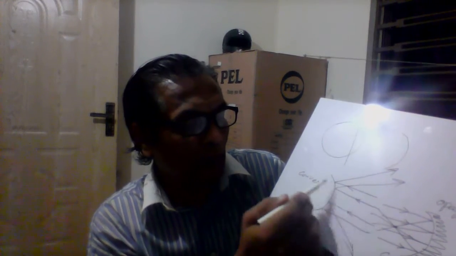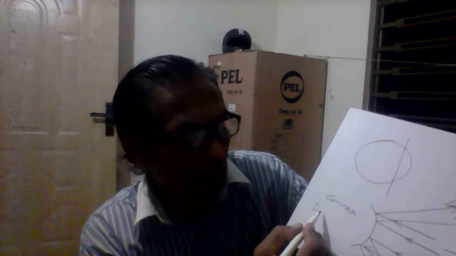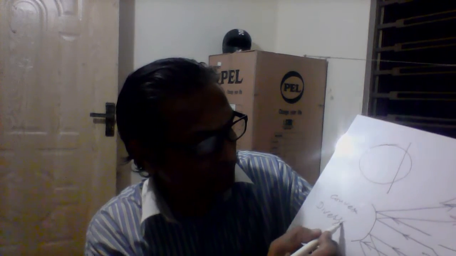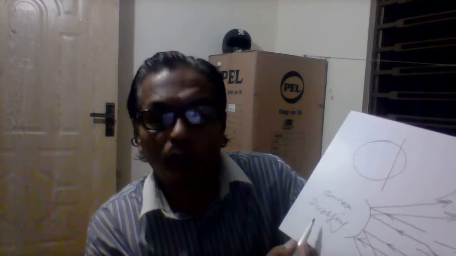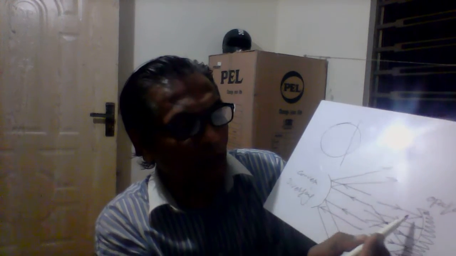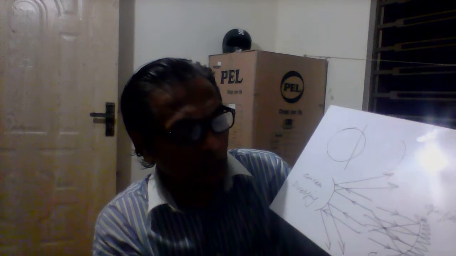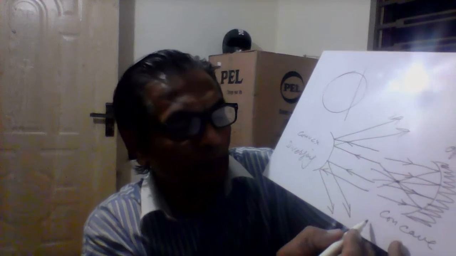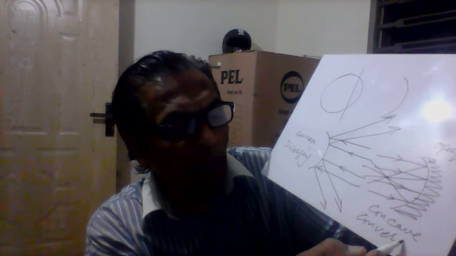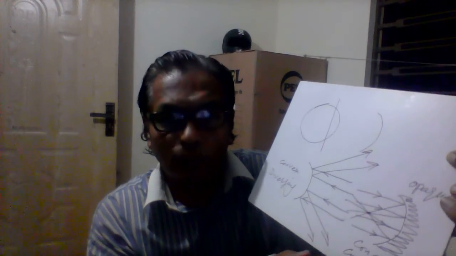And as in a convex spherical mirror, all the light rays hitting it are diverged, therefore it is also known as a diverging spherical mirror. And in the case of a concave spherical mirror, we see all the light rays hitting it are converged at a point. Therefore, it is also known as what? Converging spherical mirror.